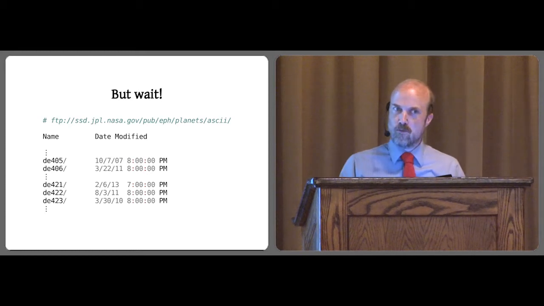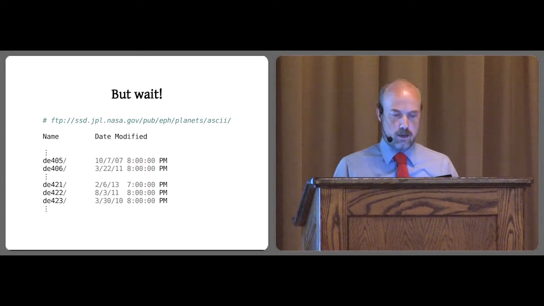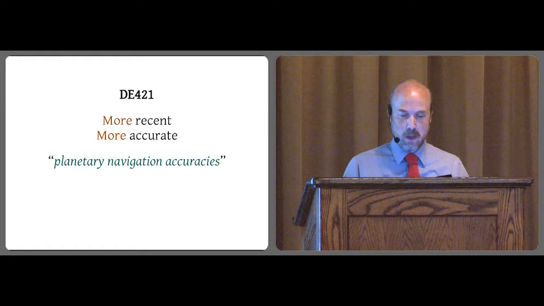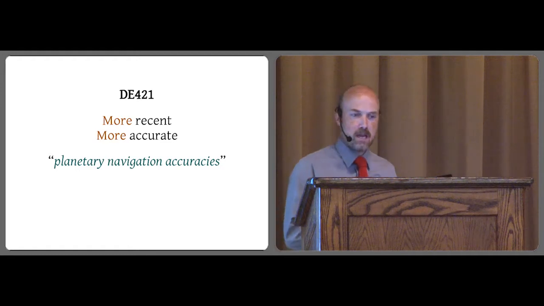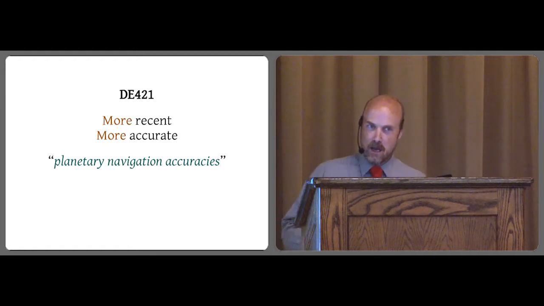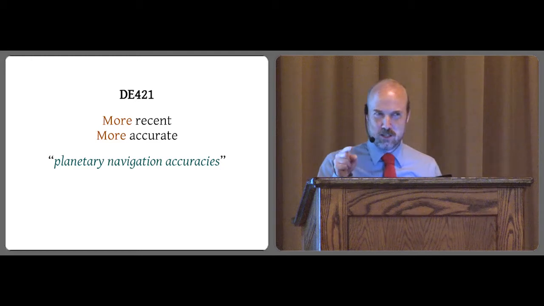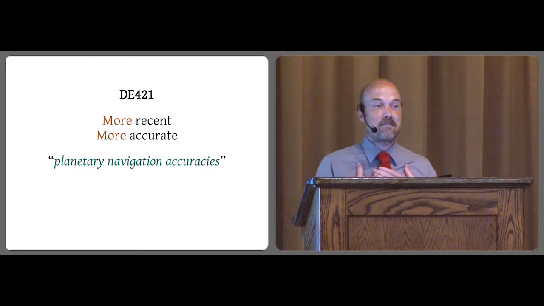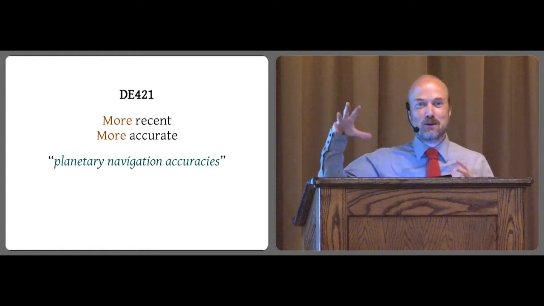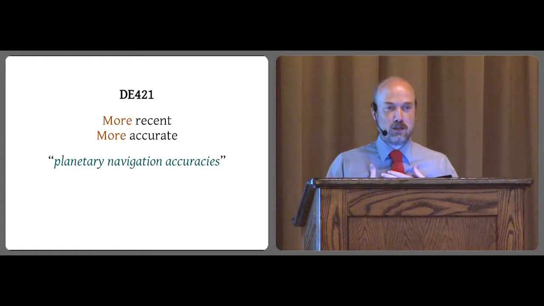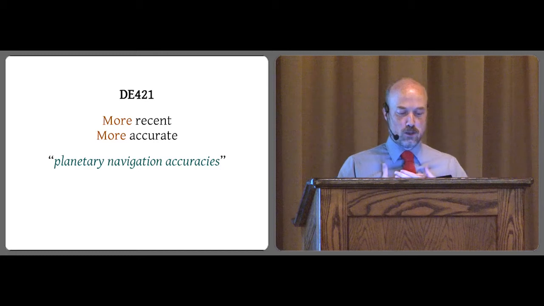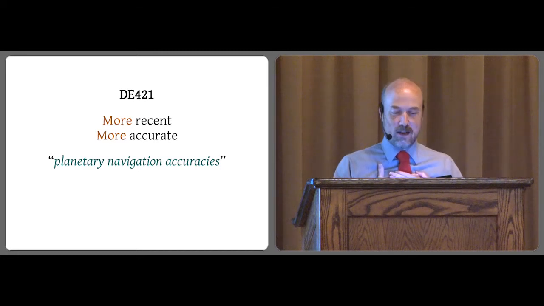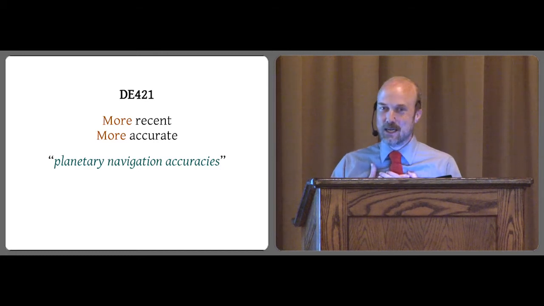There were a number of more recent ones sitting in the JPL FTP directory. In particular, I started reading about DE421. That was even more recent than the Swiss Ephemeris, more accurate. Oh, and I love the technical description of it. Talked about how you use it to achieve planetary navigation accuracies.